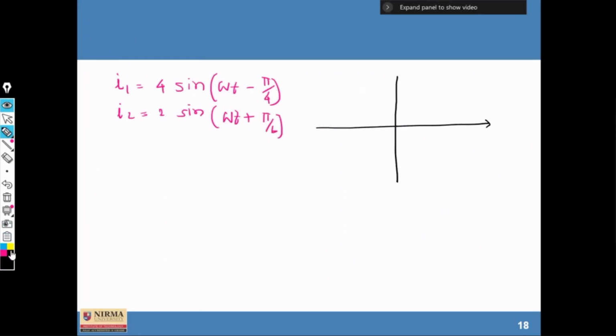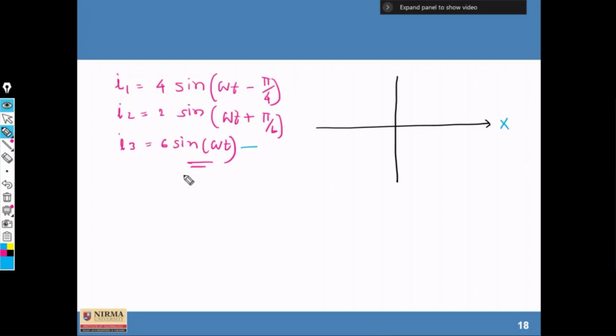Suppose if the third one is there, I3 is equal to, say for an example, 6 sine omega t. Now in this case, what will you do? We know that I3 current has no phase difference, so it coincides with the x-axis.